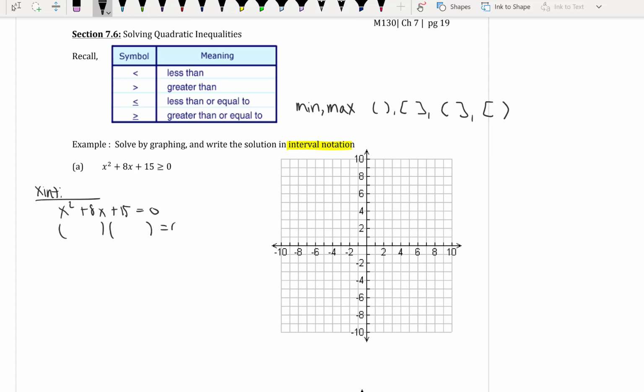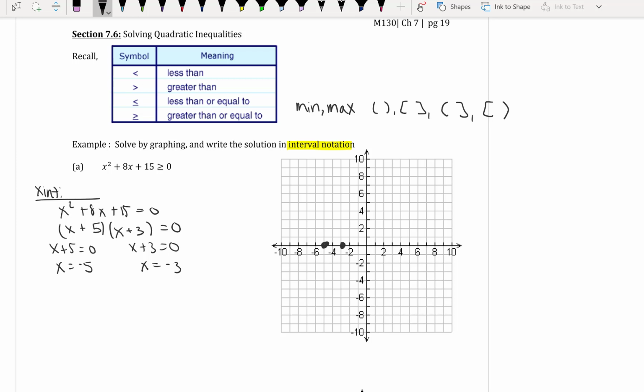If I were to factor this, 5 times 3 is equal to 15, and it adds up to 8. So x plus 5 is equal to 0, so x is equal to negative 5. x plus 3 is equal to 0, so x is equal to negative 3. So I have negative 5 as one of my x-intercepts, and I have negative 3.